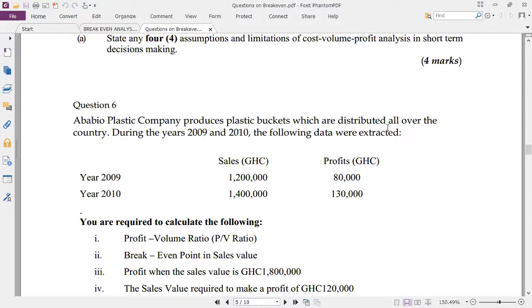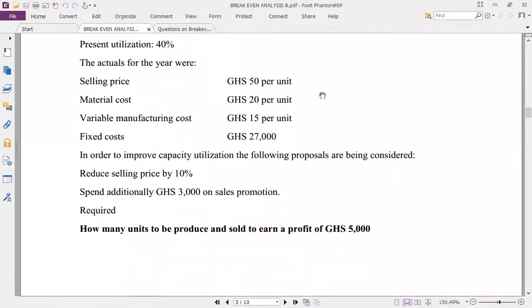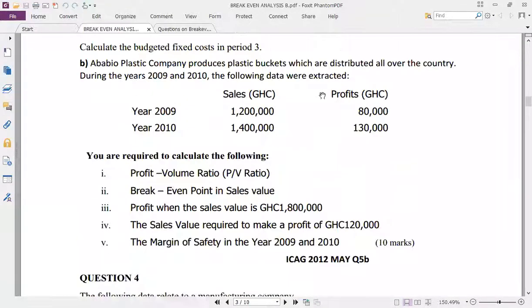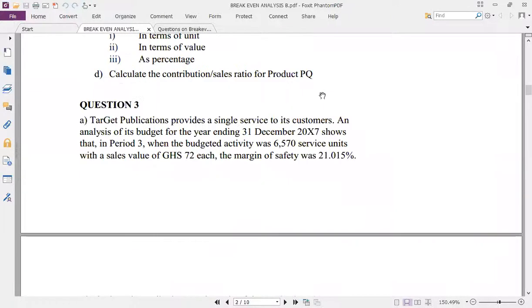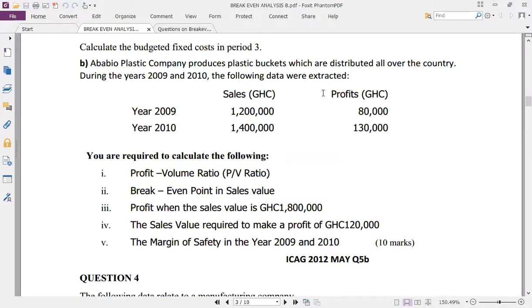No, it's not this question, it's the one that you have, because this set you don't have. Good. You are trying question 3B, Abebio plastic. Have you seen it there? The same section going for 10 marks. So kindly try that one and present your solution.